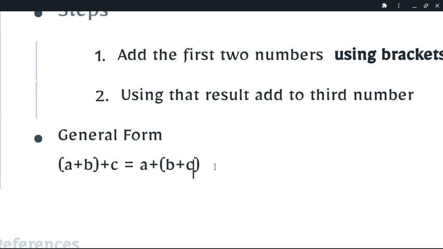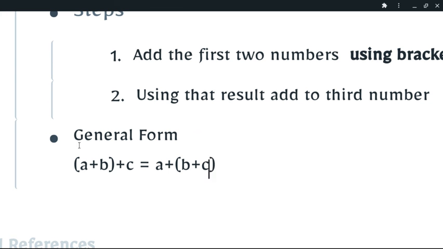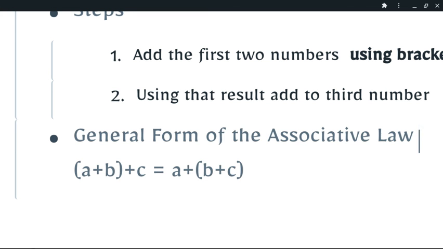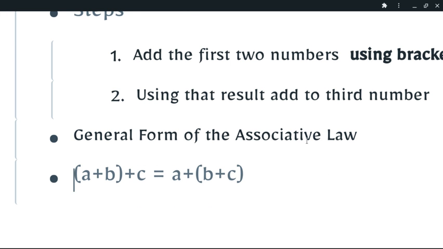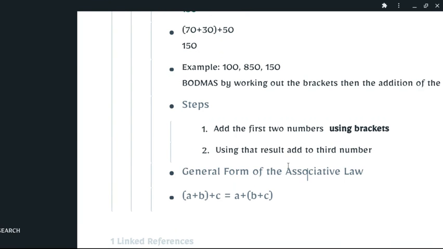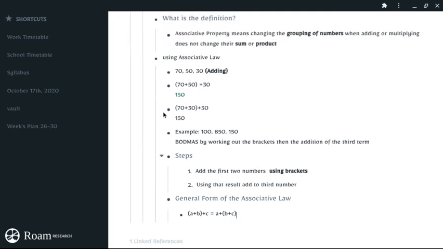A is not in the bracket, but based on the associative rule, because they still share B in common, they will still get the same answer. It's only when one of these is changed to D, for example, that the associative rule does not hold. So this is the general form of the associative law. Everybody take that down?